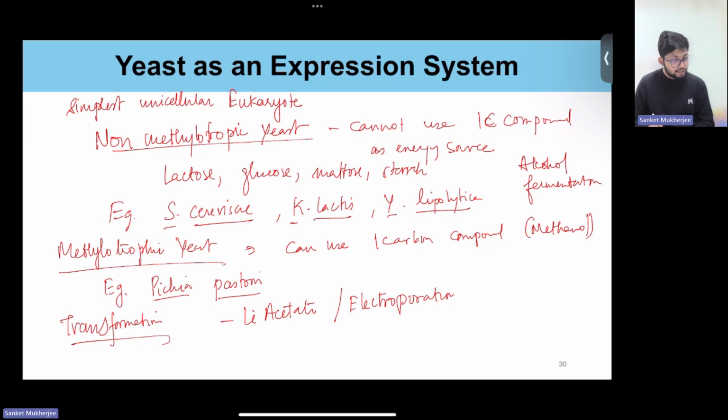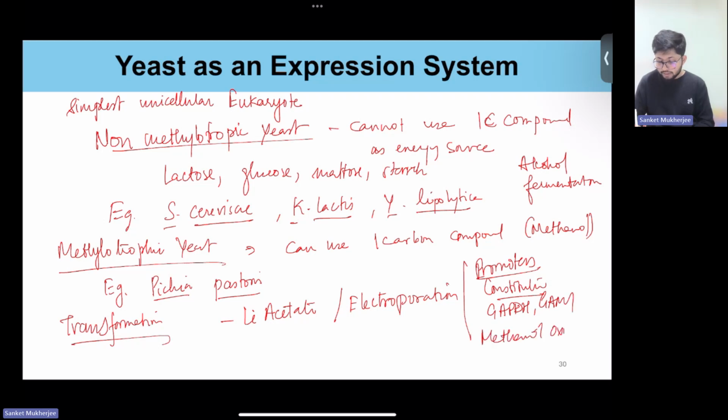There are specific vectors for this, and there are auxotrophic markers or antibiotic resistance markers like hygromycin resistance for yeast. Promoters could be either constitutive, like GAPDH or GAM1, or they could be inducible promoters like methanol oxidase and stuff like that.